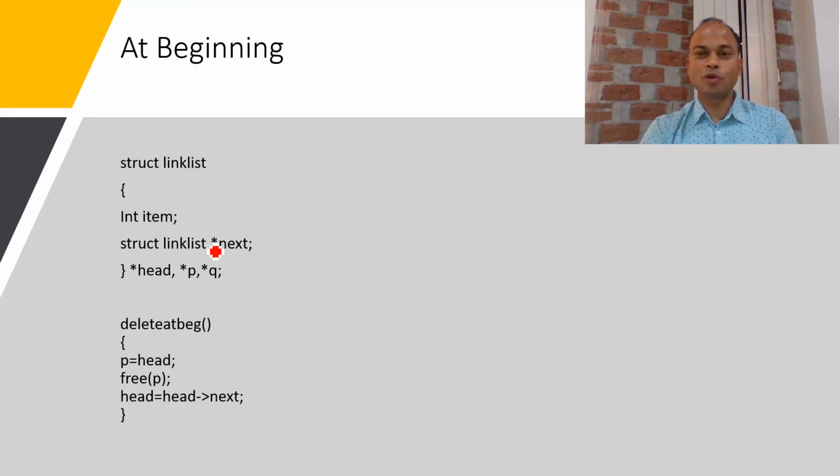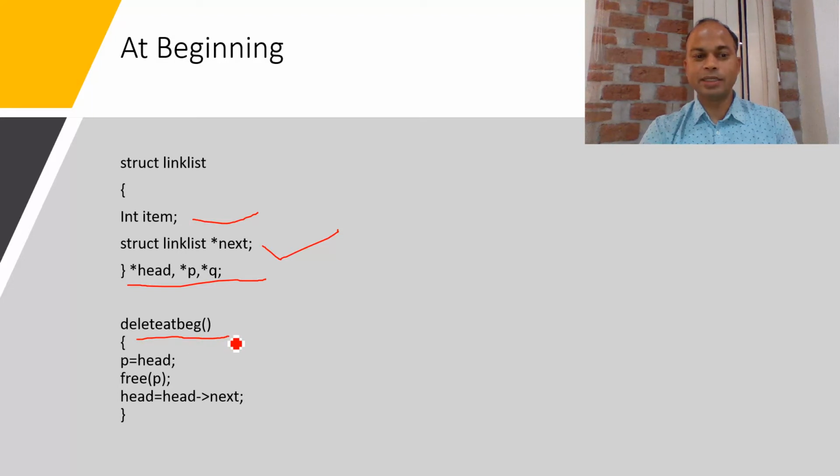If we talk about the formal code of the delete operation, then we have here a linked list. In this linked list, we have the item. Item is the integer part here. We have the next pointer, and we have three pointers here. The pointers are head, p and q.